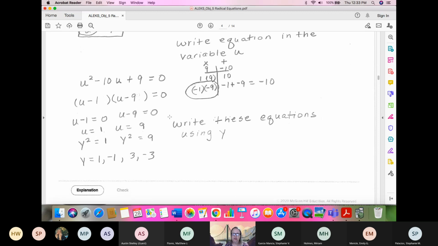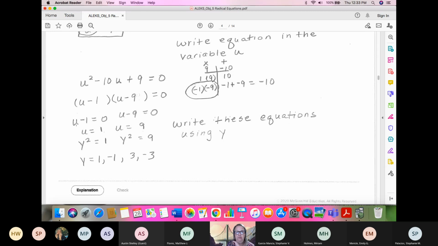Now what we are going to do is this. We are going to set each factor equal to 0 because these really represent a real number times a real number, and the only way we can get 0 is if one of the real numbers is 0. So we set them each equal to 0 separately. u minus 1 equals 0, u minus 9 equals 0.